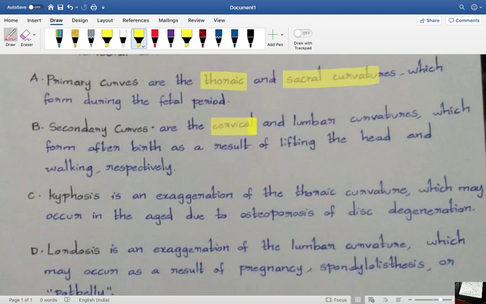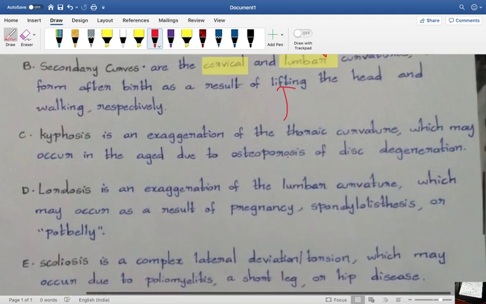Then cervical, neck, and lumbar, back curvatures, they form after the birth. After you are born, you will be lifting the head. That makes your cervical curve develop. You will start walking. That makes your lumbar curvature develop. That is what you need to remember.